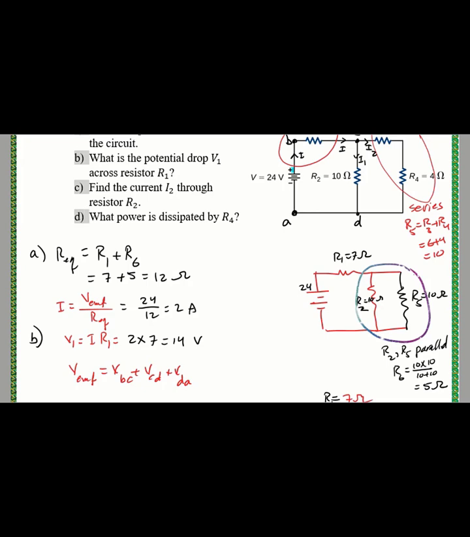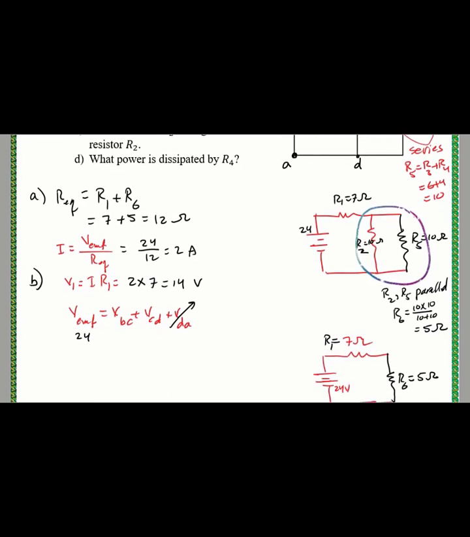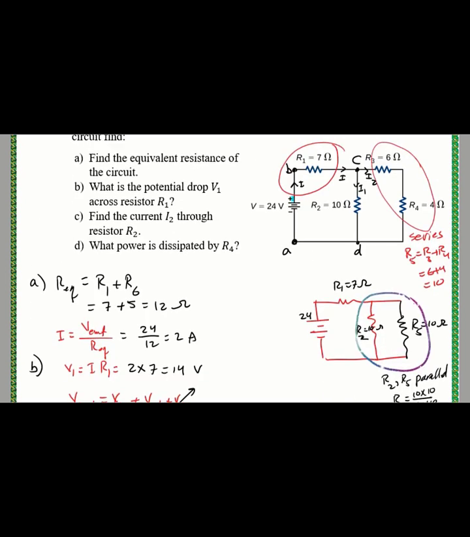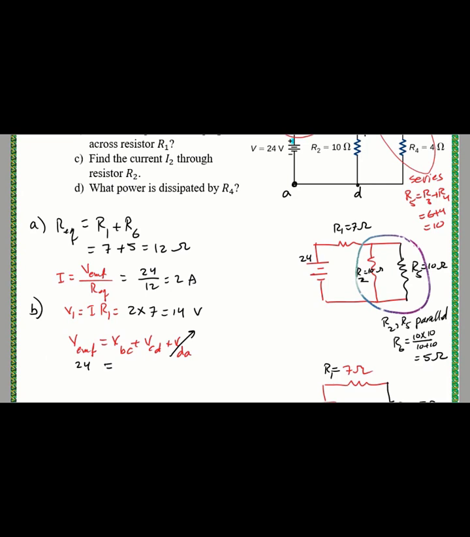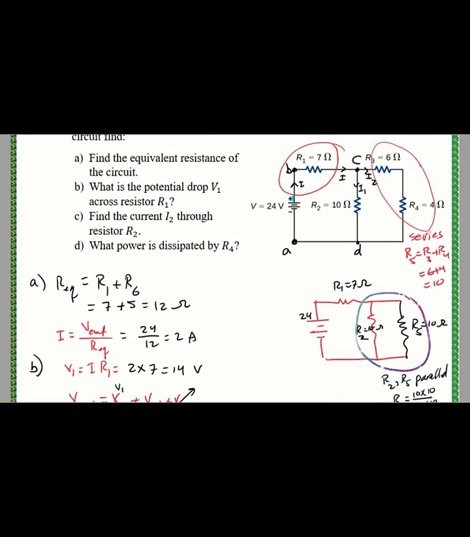V through DA is 0 since there is no resistance between D and A. The EMF for the battery, which is 24, equals VBC, which I found is 14. This is V1, which is 14, plus VCD. Now I have VCD as 10 volts, which is across R2 and across R3 with R4.